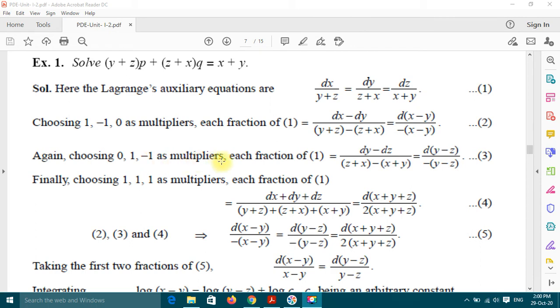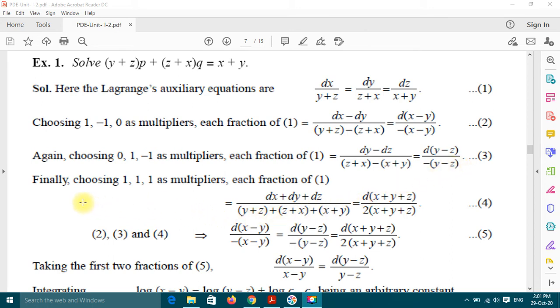Then each fraction of 1 is equal to (dy - dz) upon (z + x - x - y). So x and x cancel, leaving z - y, so the minus sign comes outside: d of (y - z) upon minus times (y - z). Again we get the numerator as an exact differential of the denominator. So we get equation number 3.